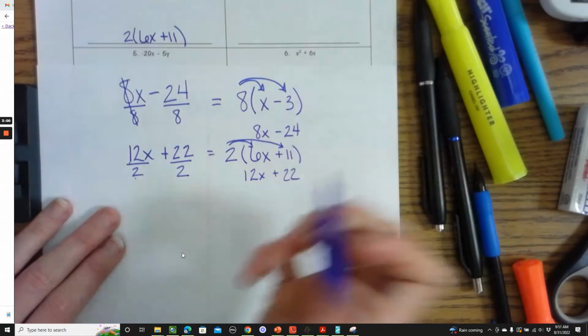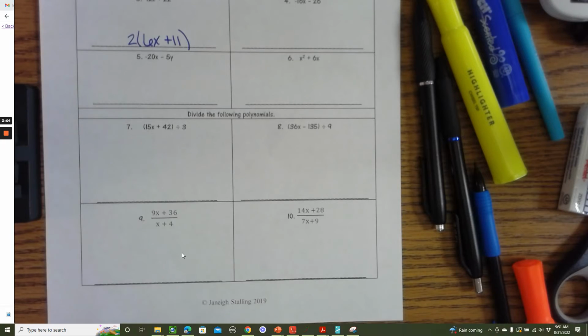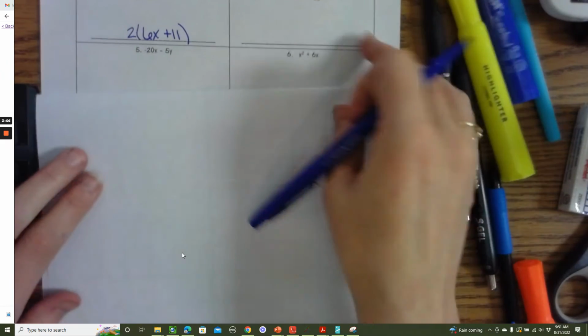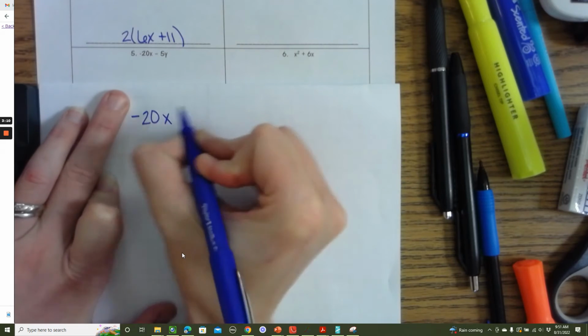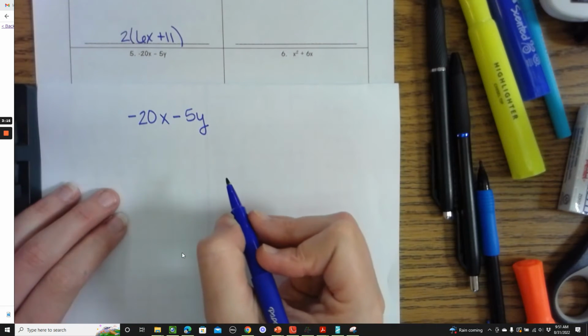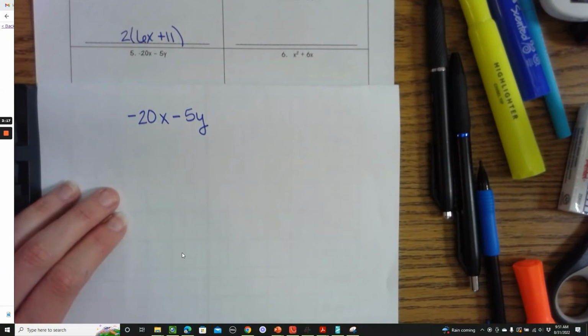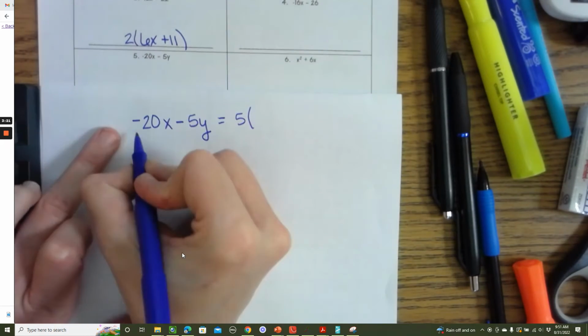All right, number 5. Negative 20x minus 5y. All right, what's a common factor there? 5. So we know we're going to have a 5 here.